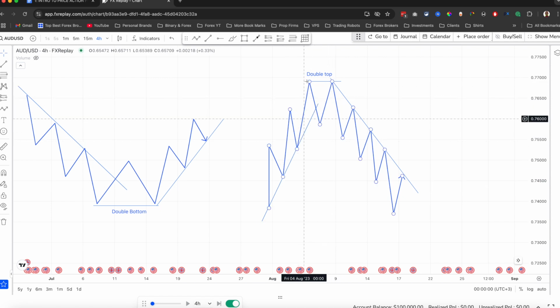So when the trend line is broken and then the price retests this top here, then you know that this is a potential reversal. Now you look for sells, not buys. So here you look for buys, not sells. Okay, so those are the potential reversals of the other two main patterns.